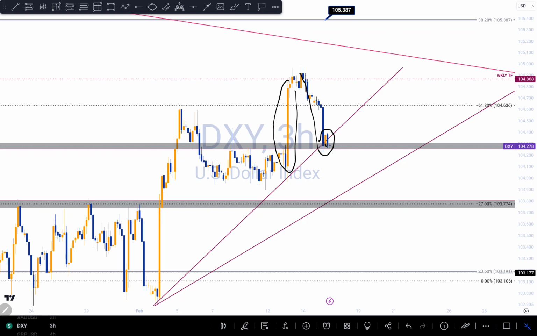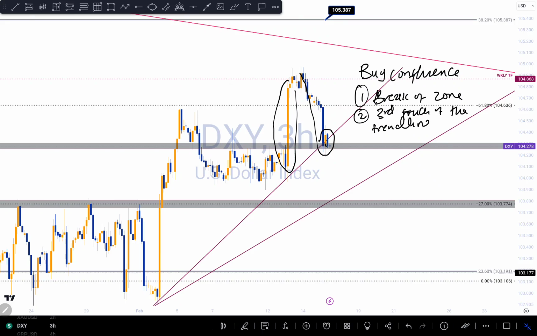So we have buy confluence, right? One, we have a break of zone. Two, third touch of the trend line. Three, retest on a sensitive zone.